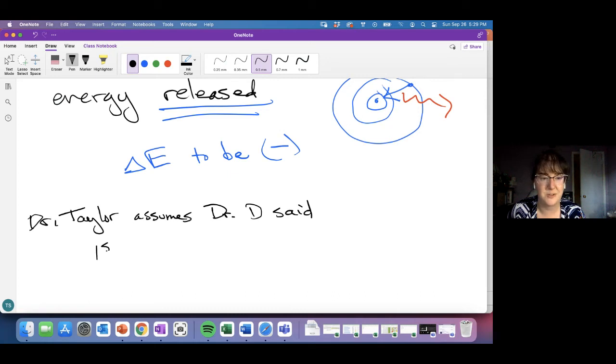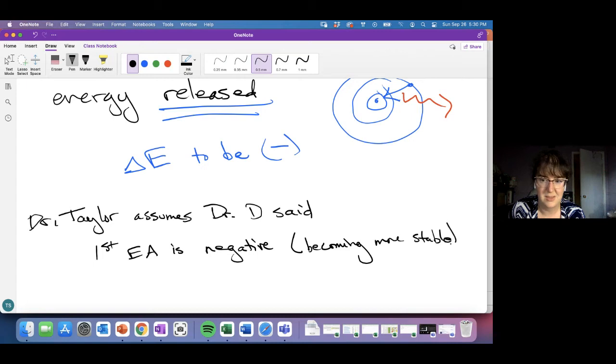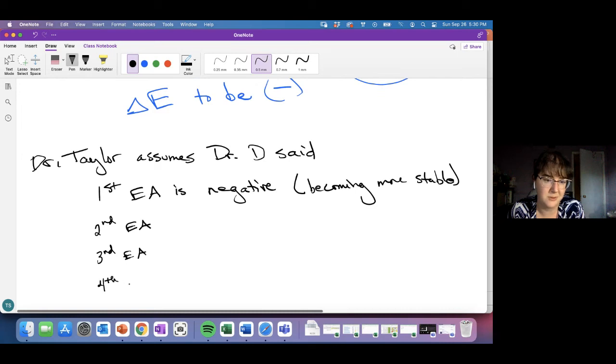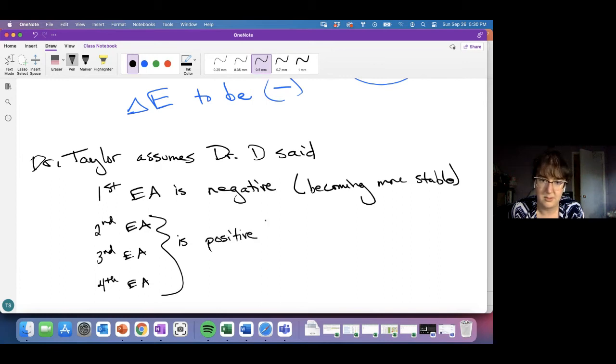Assuming that your first electron affinity is negative because it's becoming more stable. And then your second electron affinity, and beyond, second, third, fourth, I don't care how many, because after the first one, these all do this, is actually positive, because they're not more stable.